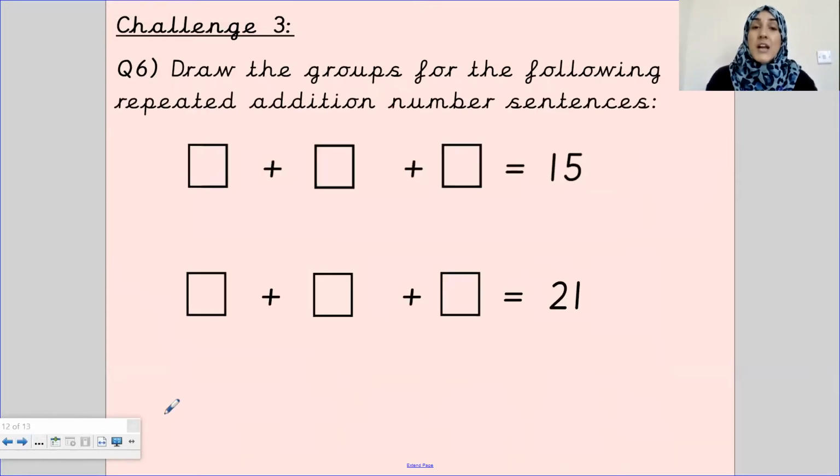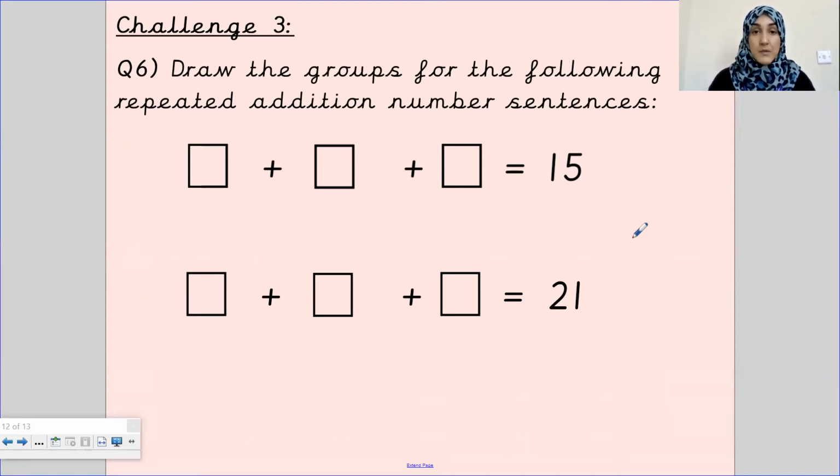Okie dokie. Challenge 3, question number 6. You are going to draw the groups for the following repeated addition number sentences. So you have 15 here. You need to figure out what numbers go in these boxes. What I would suggest you do is, this is an easy way to complete this, draw 15 circles, or if you have counters or objects, it would be easier.